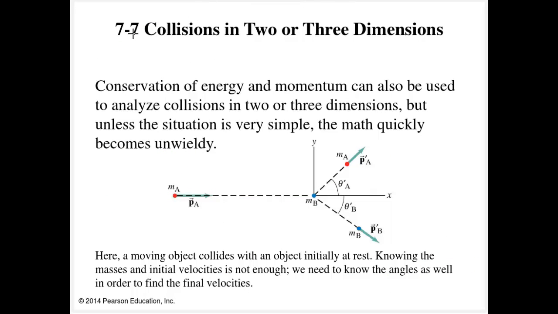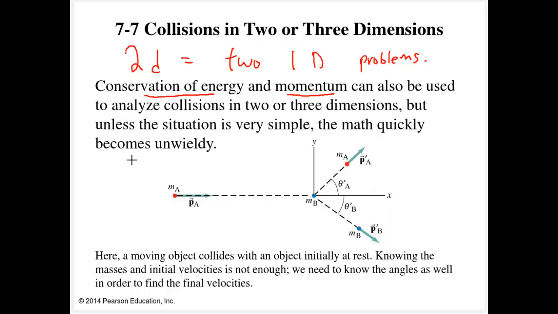Collisions in 2 or 3 dimensions are actually simpler than you might initially think. All we have to do is treat these 2D problems as 2 one-dimensional problems. So for off-center collisions, we can still use conservation of energy if it's an elastic collision, and we can always use conservation of momentum.